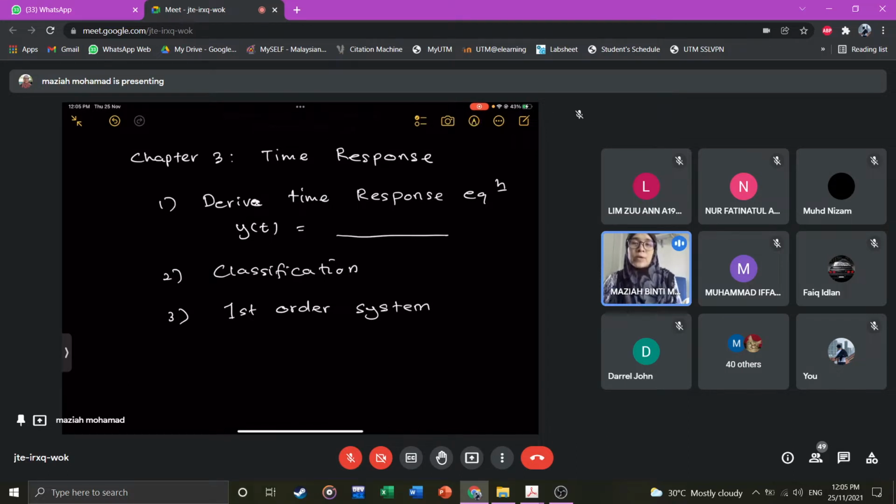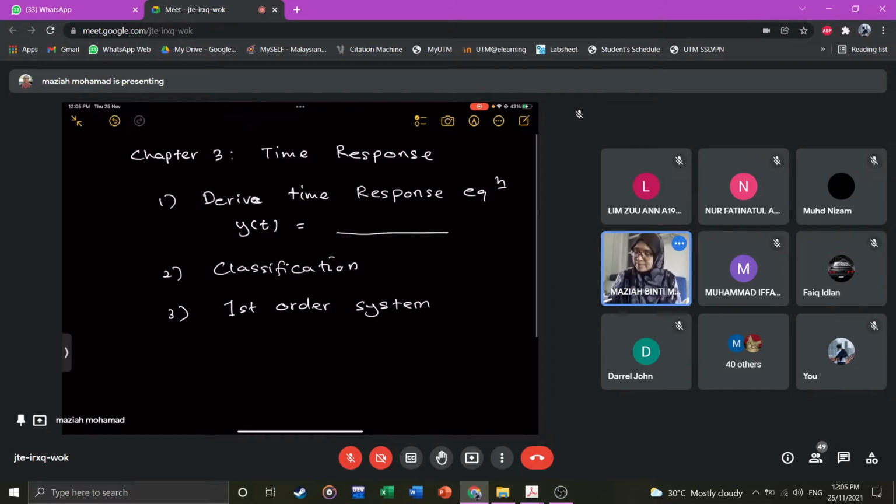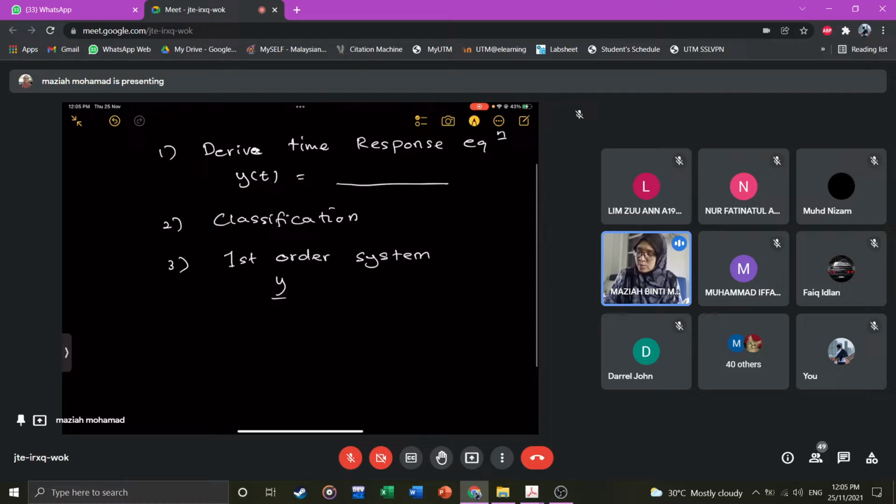In first order system we learn about the transfer function of first order system and how the parameters in the transfer function will affect the behavior of the first order system. So the transfer function is K over 1 plus Ts, and then we learn about K, gain, and also T, which is time constant.